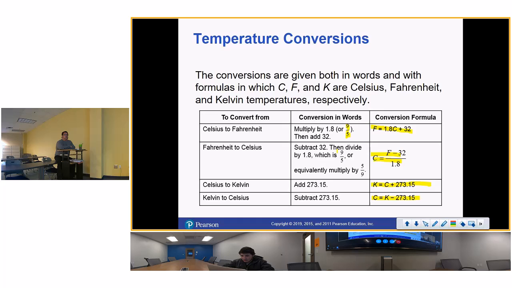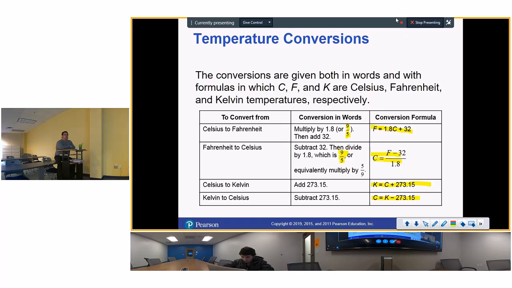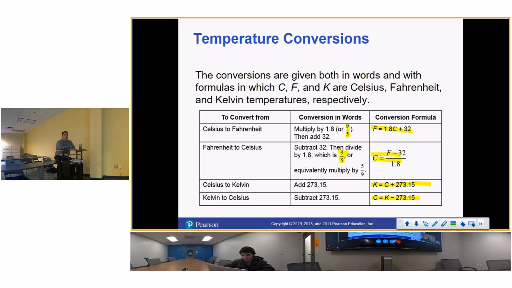Instead of 1.8, you may see 9/5. So you could rewrite this as 9/5 C plus 32, and this as 5/9 times F minus 32.